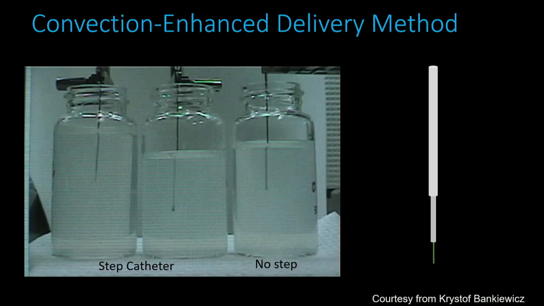And I'm not sure if this video will work, but what we have been able to show is that if you refine the catheter and use a step catheter, you can really avoid reflux along the catheter site. That really took several years to accomplish, but this is now being moved into the clinical area.